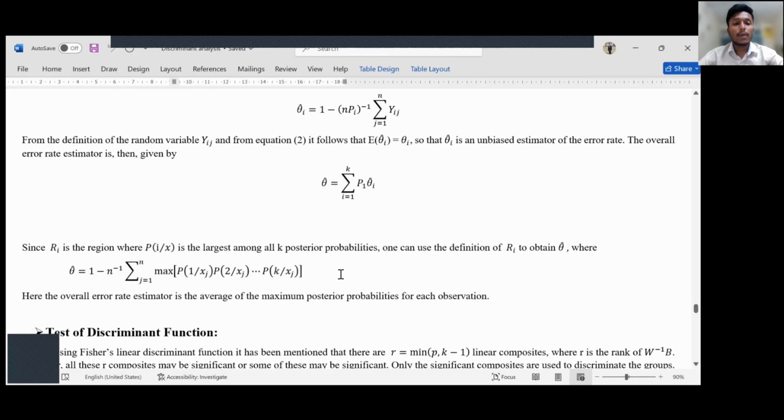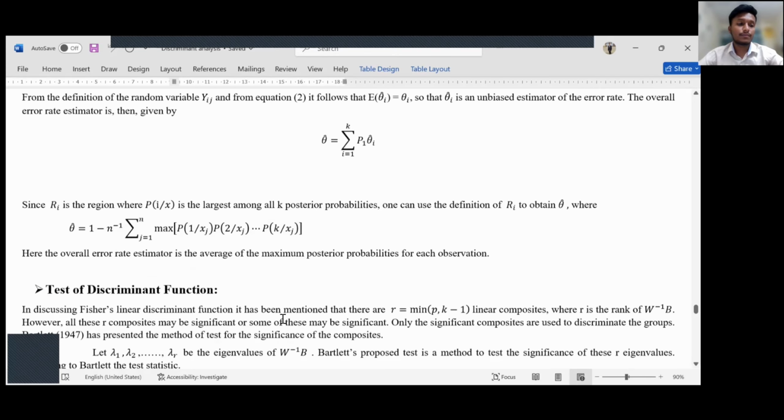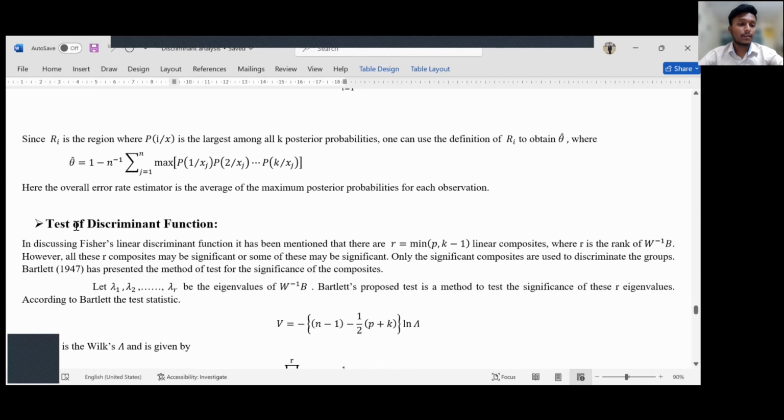So we have to consider the maximum posterior probability. Here, the overall error rate estimator is the average of the maximum posterior probabilities for each observation.